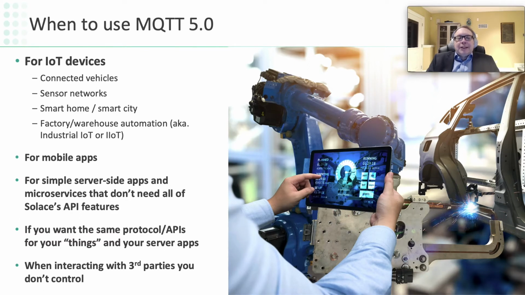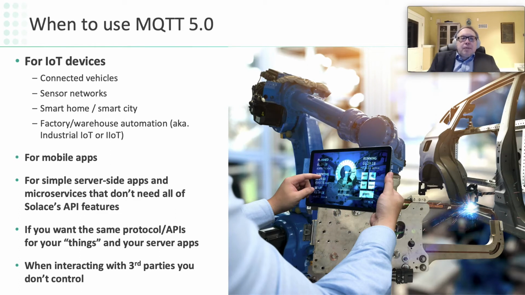And especially if it's an IoT use case that's greenfield, where you're building both the device side and the server side, there is a certain elegance, there's a certain simplicity of being able to use the same protocol end to end. And MQTT 5 makes it easier for you to do that. It adds some of those things that were needed on the server side to make that a much more palatable option than it might have been with MQTT 3.1.1.